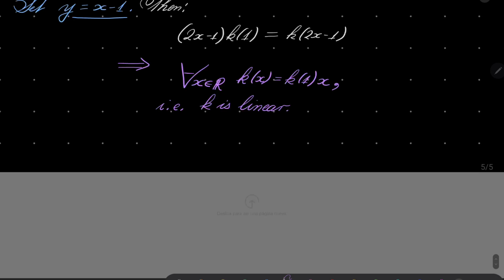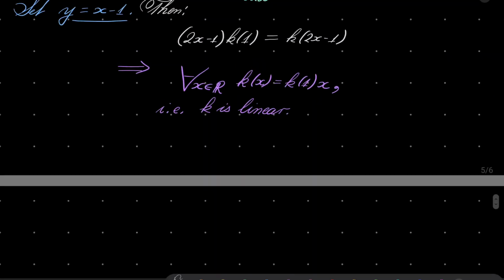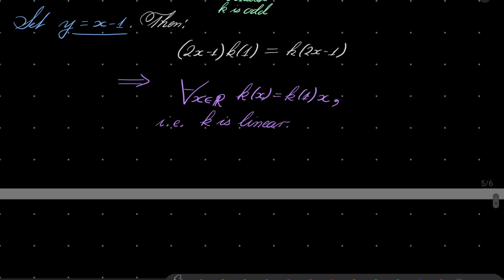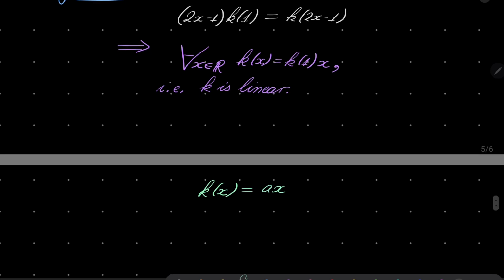So now we can write the following. Since our function is linear, we can write that k of x equals ax for some real number a. And now let's go back to h. Maybe I will write it in.